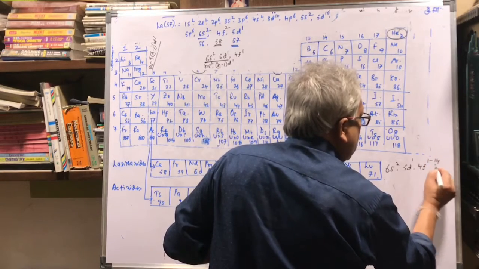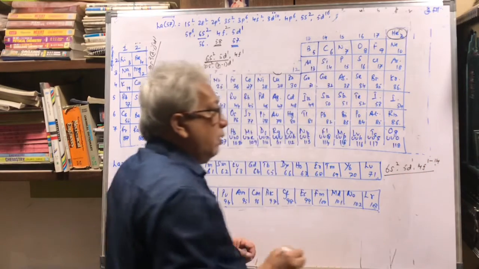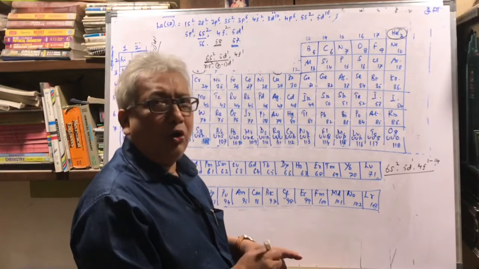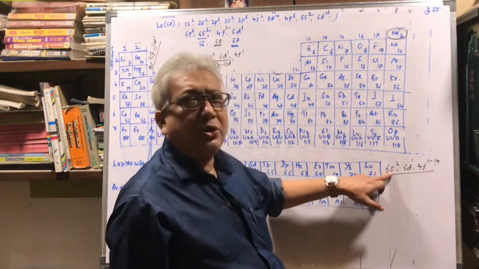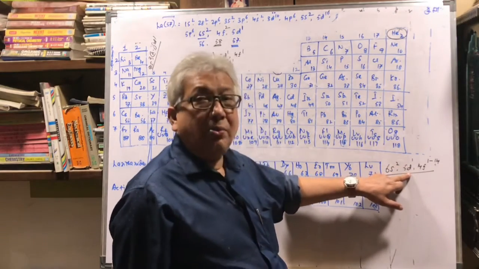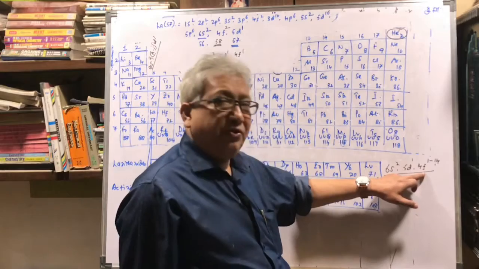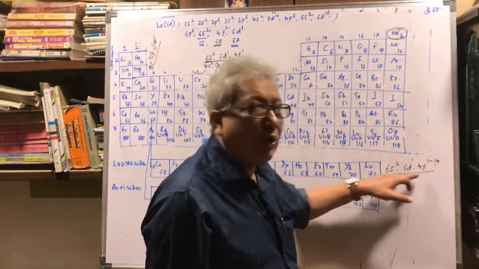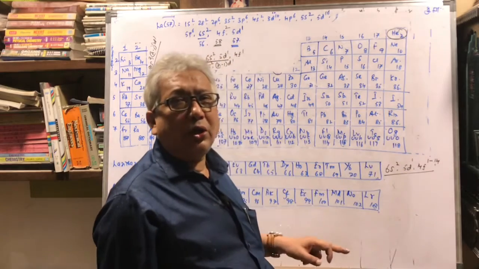Here the last electron has entered the 4f, and that is why when I write the outermost electronic configuration, I have to write 6s2 because it is the outermost shell, 5d because it has remained incomplete, and 4f because the last electrons are going to the 4f. That's why I have to write the entire thing in the outermost electronic configuration.